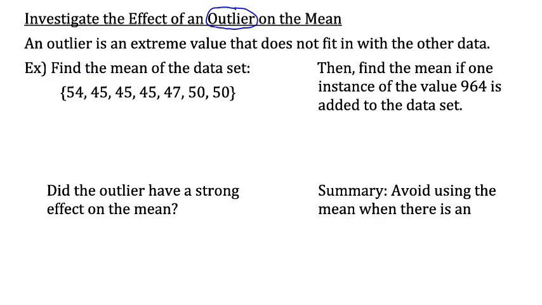Now, an outlier is an extreme value that does not fit in with the other data. Let's do a little investigation about the effect of an outlier on the mean. So first, let's find the mean of this data set. So I'm going to add all these numbers up and divide by how many there are.